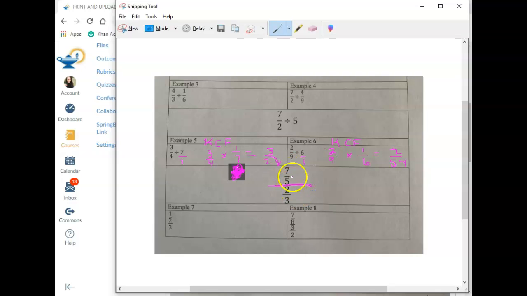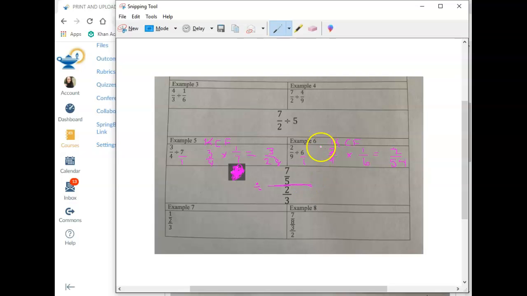What's happening is they're saying take 7 over 5 over 2 over 3. Now, here's the thing. Remember we said these fractions are just division, right? So really what this is saying is 7 over 5 divided by 2 over 3.